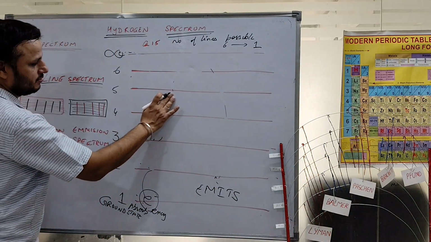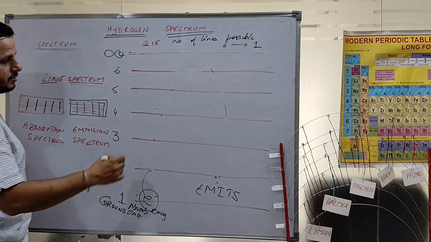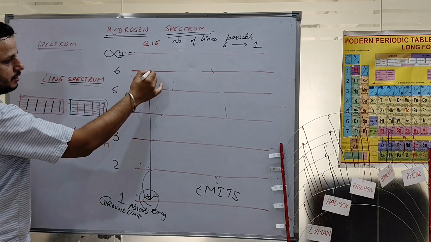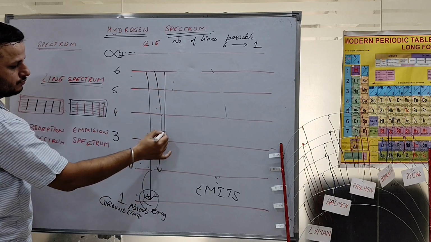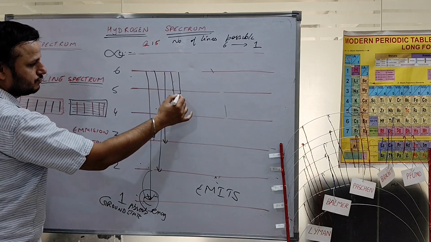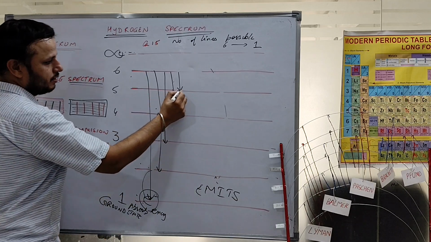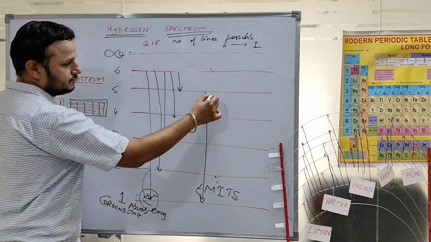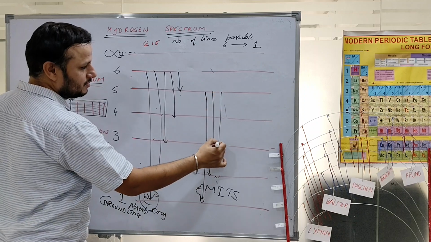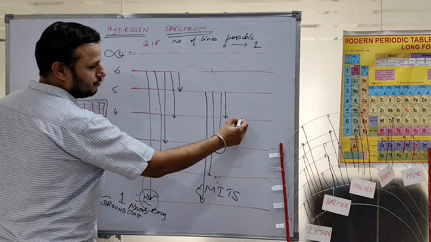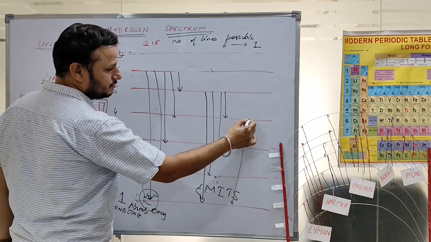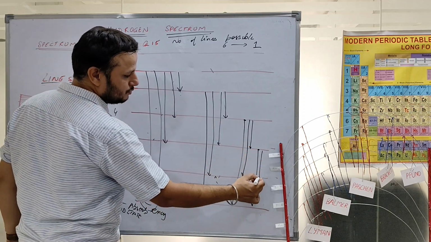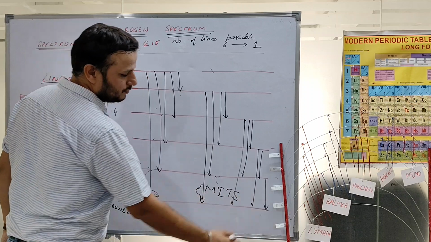Sixth to first आने के लिए what is the pattern? कि electron can directly come sixth to first या सिक्स टू सेकंड आ जाए या सिक्स टू थर्ड, सिक्स टू फोर, सिक्स टू फाइव. अगर इलेक्ट्रॉन फाइव पे आ गया तो फाइव से डायरेक्ट फर्स्ट, फाइव से सेकंड, फाइव से थर्ड, फाइव से फोर. अगर फोर पे आया तो फोर से डायरेक्ट फर्स्ट, फोर से टू, फोर से थ्री, थ्री पे आया थ्री से फर्स्ट, थ्री से टू, और टू पे आया तो फर्स्ट.